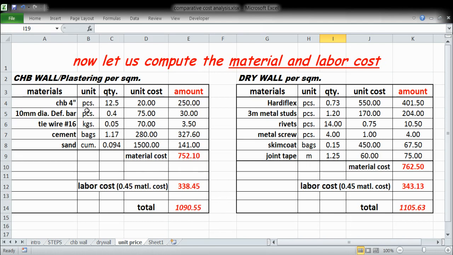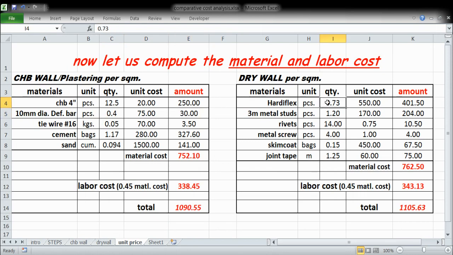So, CHB, then diameter, tie wire, cement, and sand. This is the summary. These are the unit costs, which you can obtain by research or by asking stores. The computation will be quantity times unit cost equals amount.